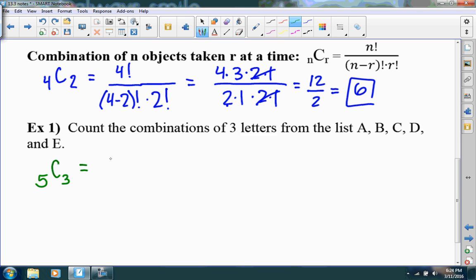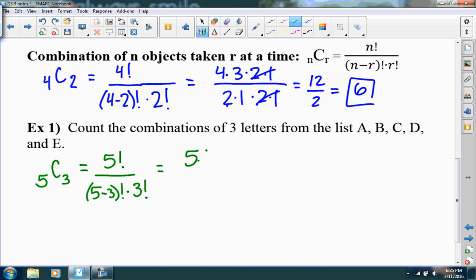Very similar to what I did up above, we'll have 5 factorial over 5 minus 3 factorial times 3 factorial. So again, this first part where we do the 5 factorial and then the 5 minus 3 factorial, that's our permutation. But then this 3 factorial gets rid of any repetition.